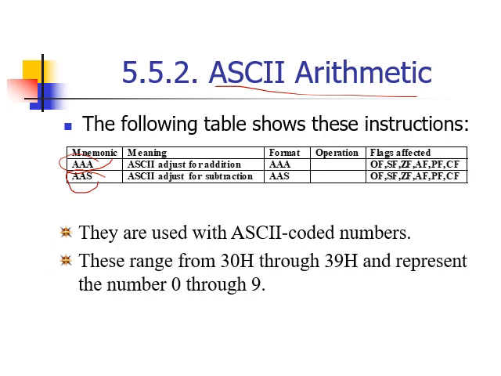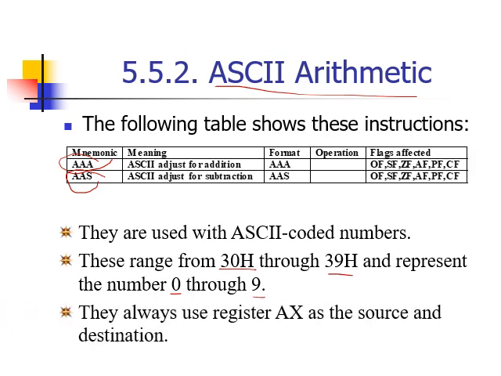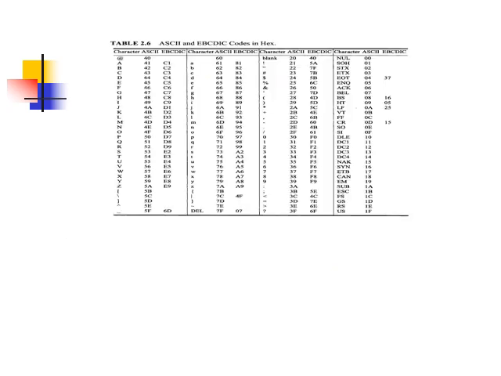The decimal digits from 0 to 9 are ASCII coded from 30 hexadecimal to 39 hexadecimal, and AX is usually used as a source and destination with ASCII arithmetic. And again, here we remind you of the ASCII codes of the alphanumeric and non-alphanumeric characters. 0 is coded as 30, 9 is coded as 39.